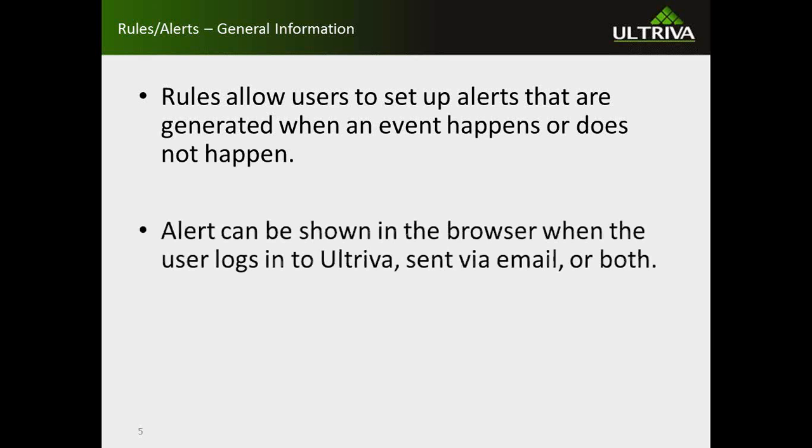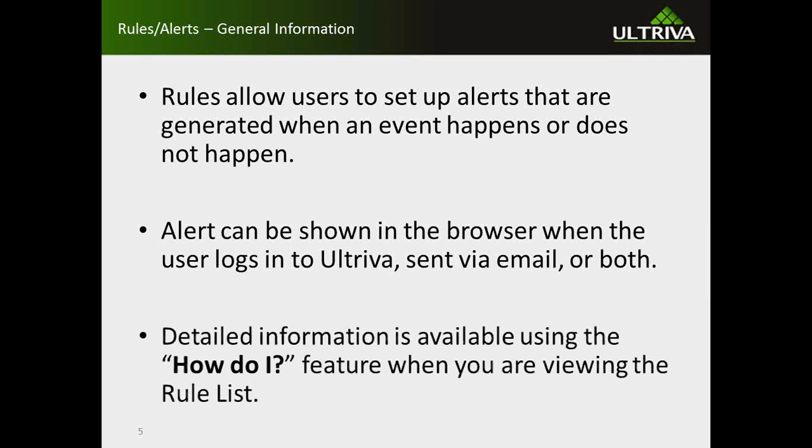It can be sent via email, or it can be both browser and email. And as a note, you can get some detailed information about the rules when you click the How Do I feature when you're viewing the rules list. I'll go over where this is and what information you're going to see when you do that.